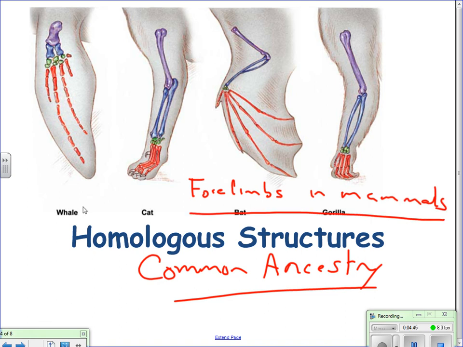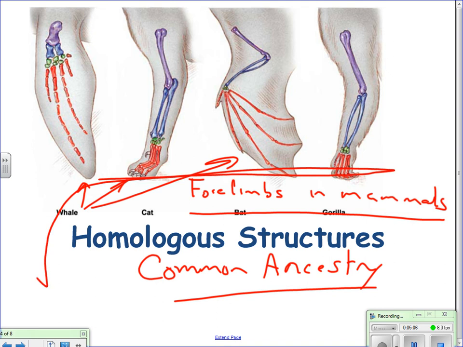It doesn't matter if the organism is a whale or a cat or a bat or a gorilla, we see very common bone types and very common bone structures. This suggests that at one point all of these organisms had some sort of common ancestor, and that they evolved over time.